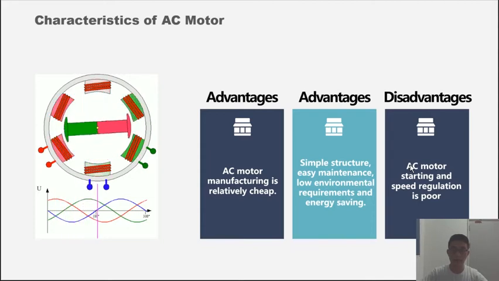Sometimes there are also some problems in AC motors. For example, starting and speed regulation is poor.